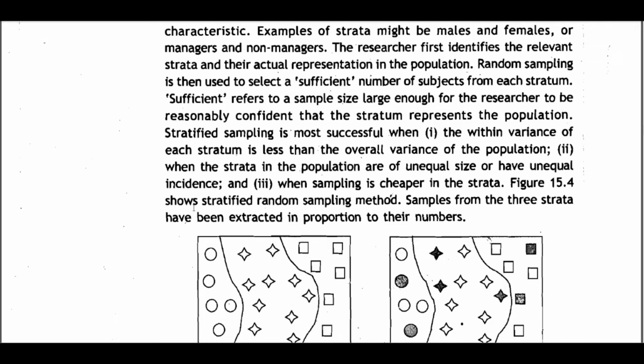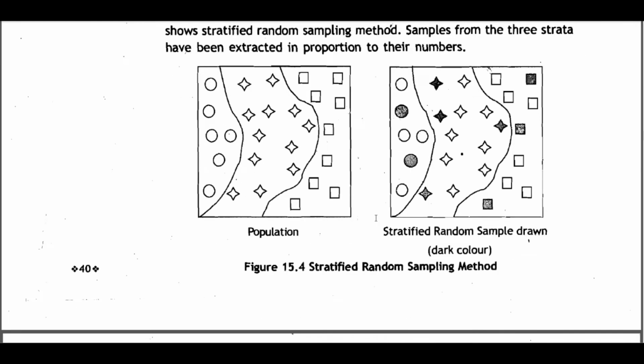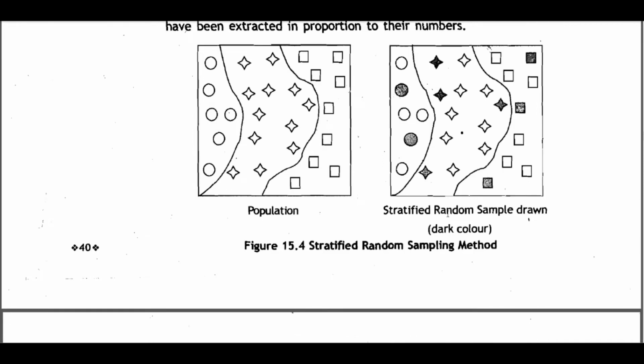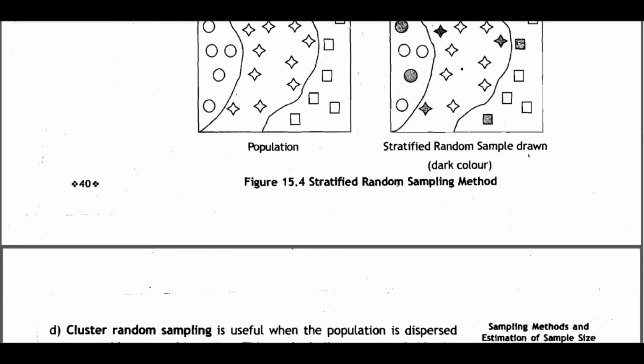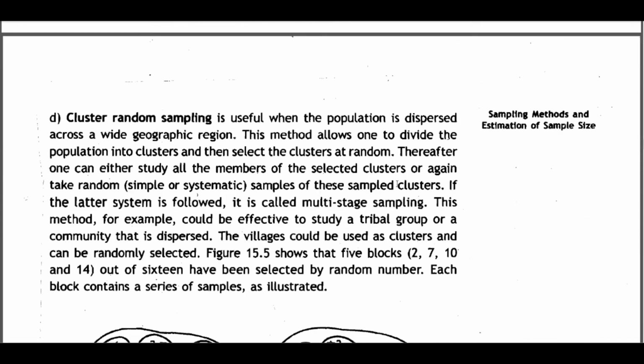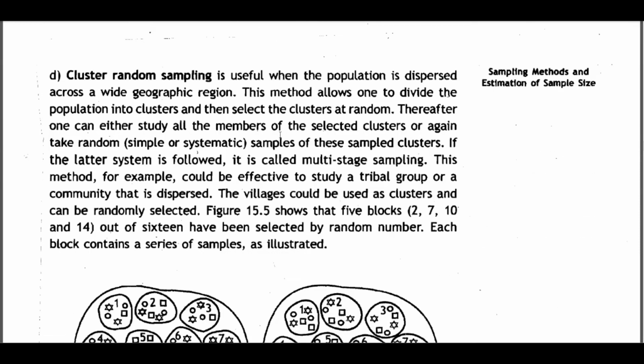Samples from the 3 strata have been extracted in proportion to their numbers. So this is a population and stratified random sample drawn, selected randomly.